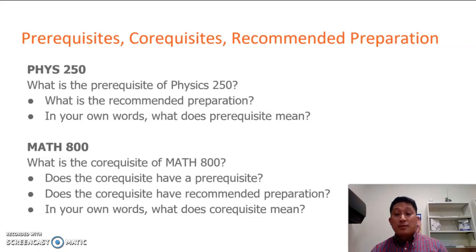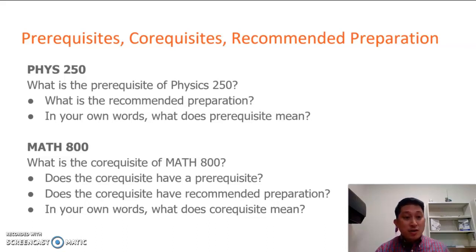Co-requisites mean that the class has to be taken with another course. So with the example of Math 800, it has a co-requisite of Math 200 statistics. So specific Math 800 classes are linked to specific Math 200 classes, and they have to be taken together.